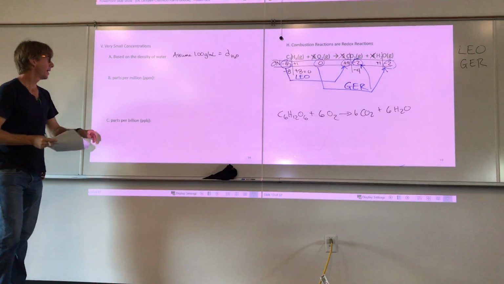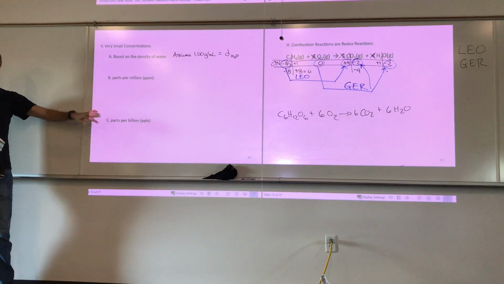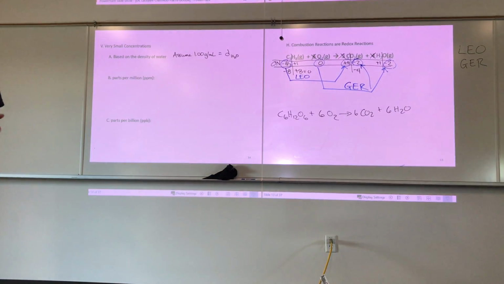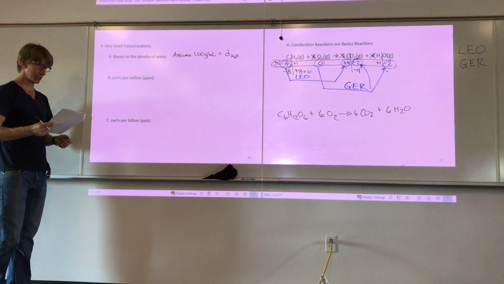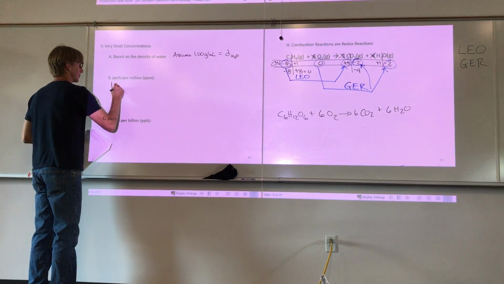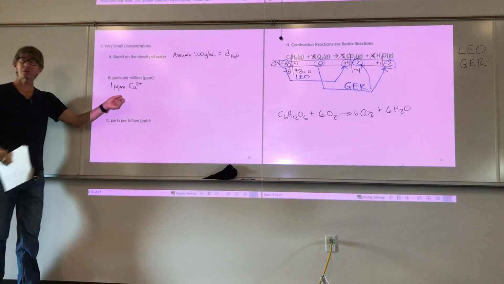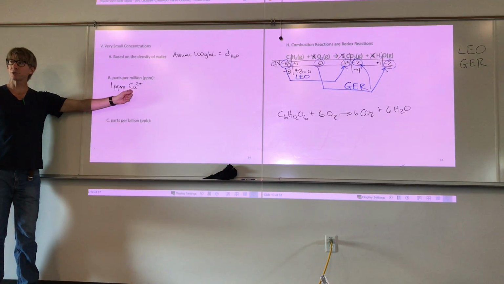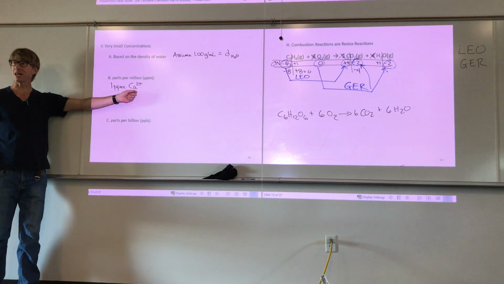All right. Now, parts per million, parts per billion, you'll note that the definitions of parts per million and parts per billion are on your conversion and equation sheet, so you have them. However, I'm going to give you my version of it. Parts per million and parts per billion will always refer to very small concentrations of solutes.